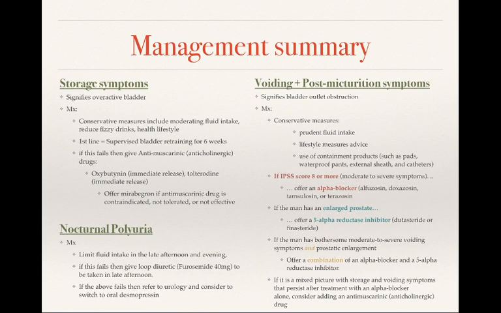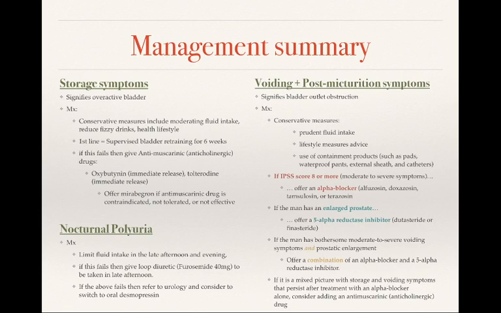However, the first line treatment for storage symptoms is supervised bladder retraining for 6 weeks. If this fails, then you give them an antimuscarinic. And if that fails or if that's contraindicated, then you offer mirabegron.